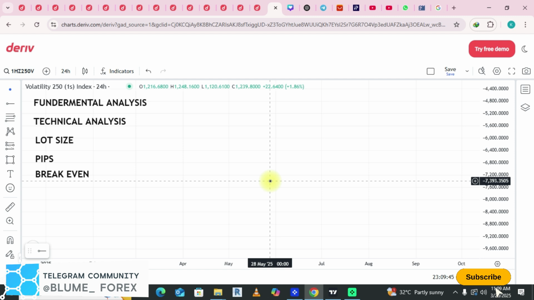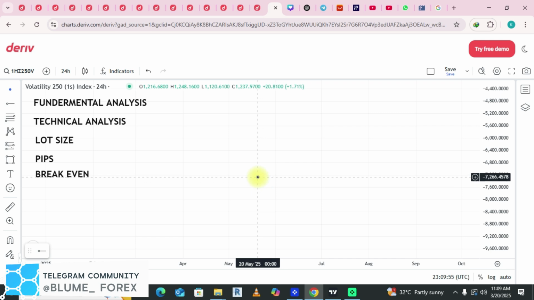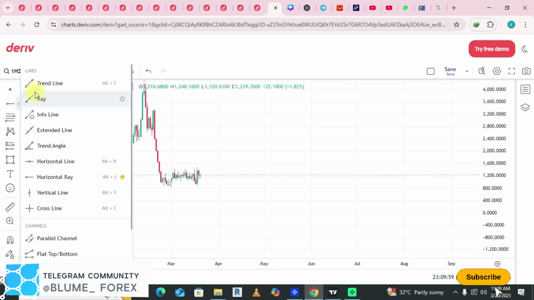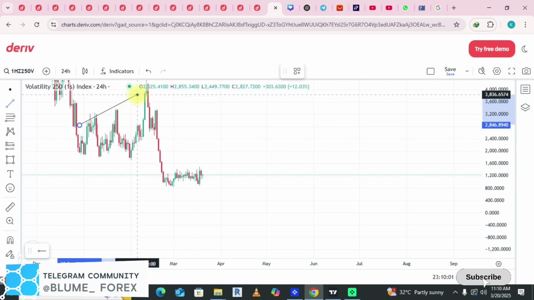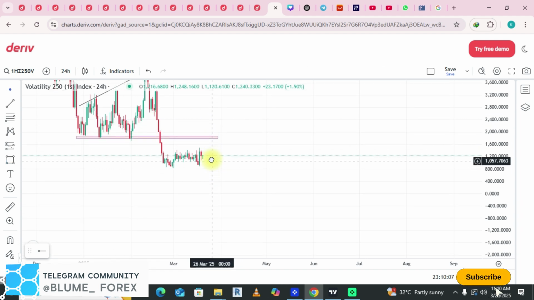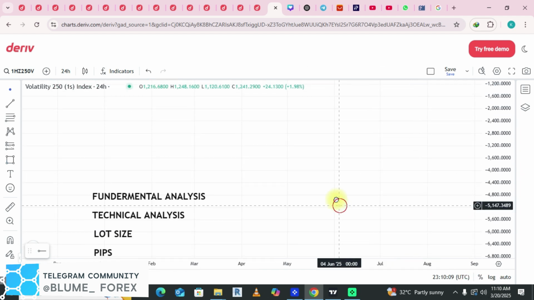So you don't use real world events. You just look at the chart and try to make your analysis based on what you are seeing on the chart. So you'll be drawing with certain tools, like let's say we have the trend line. We have all these tools, and you'll be doing analysis with these tools. That is the technical analysis.